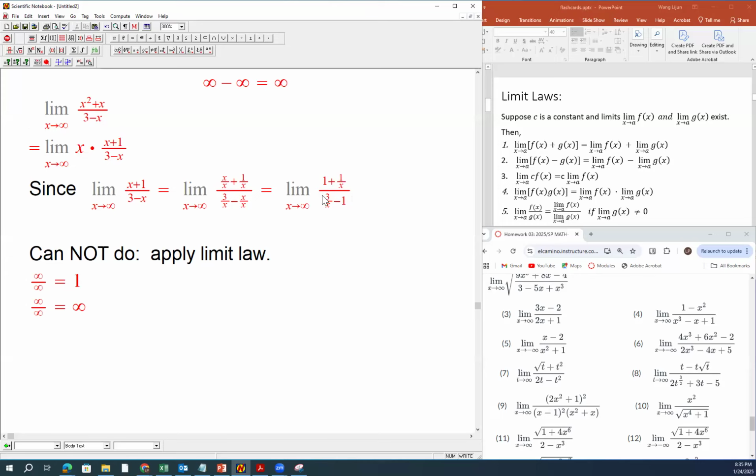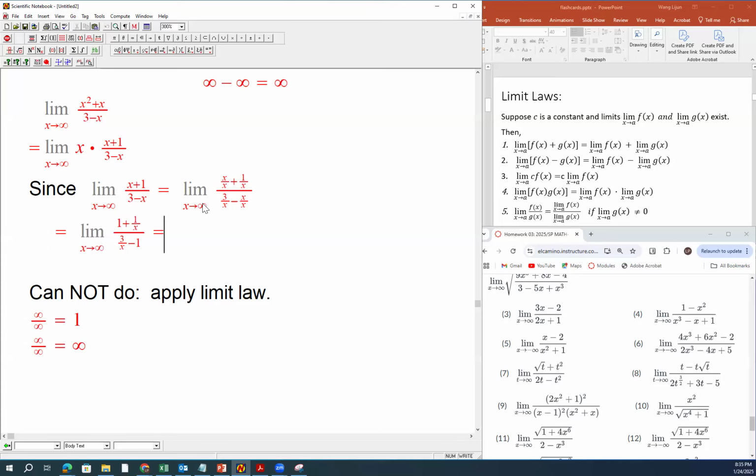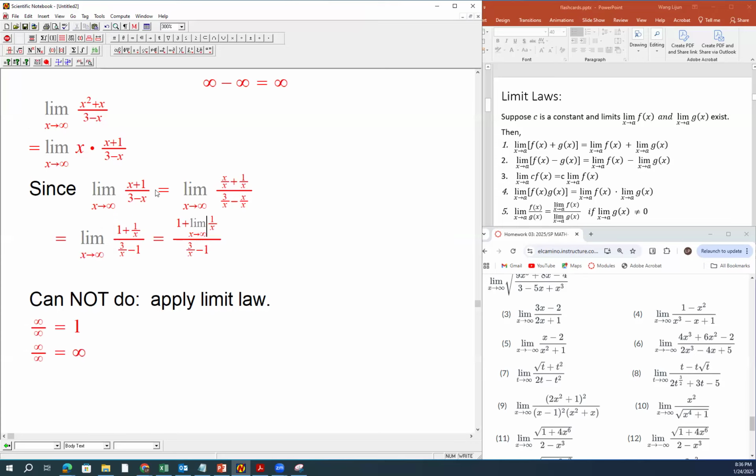For this piece, we can apply limit law. Let me just show you one more step to apply the limit law. This is just to say one of the quantities has a limit in our product, in the quotient, right? This piece has a limit, but this piece does not. Therefore, we cannot use the limit law on the whole thing, because one of them approaches a constant, which is -1, right?